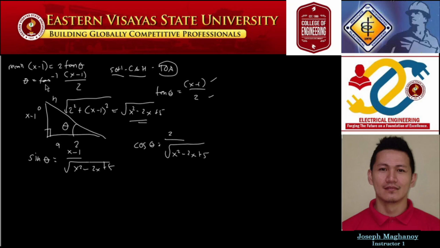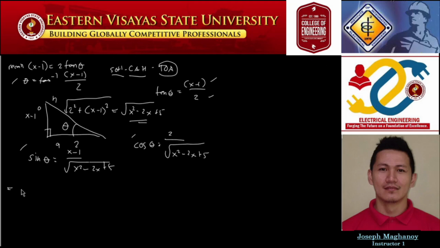That is, theta is arctan, or tangent raised to negative 1, of the quantity x minus 1 all over 2. So we have values for theta, sine, and cosine. So we substitute them back into our final answer, and we can rewrite our final version.